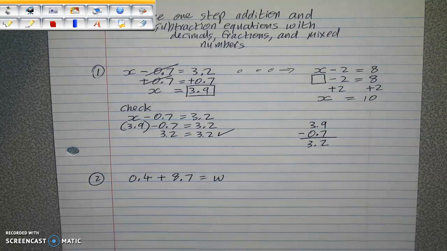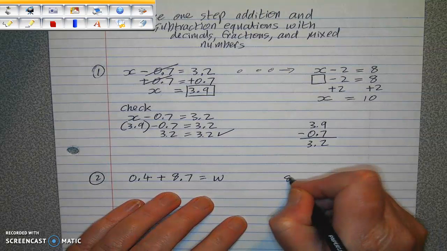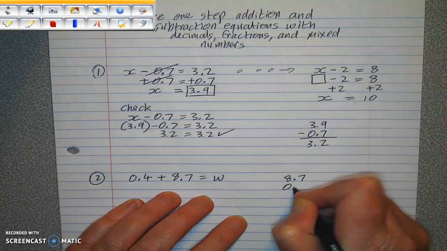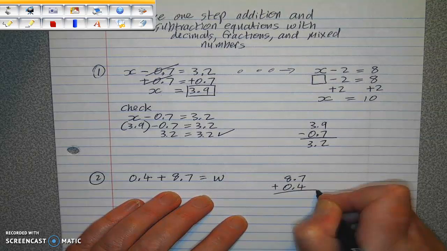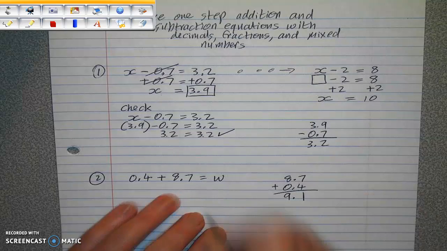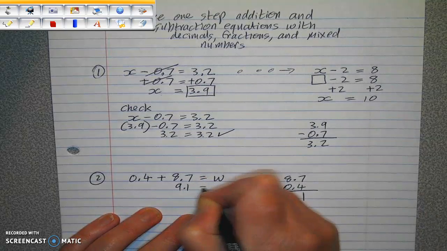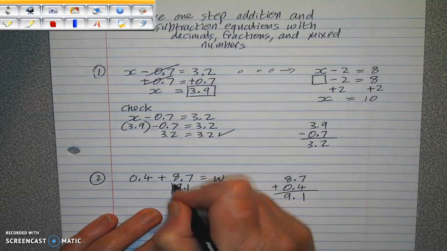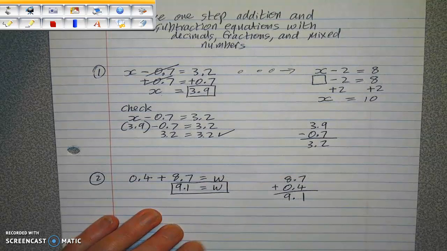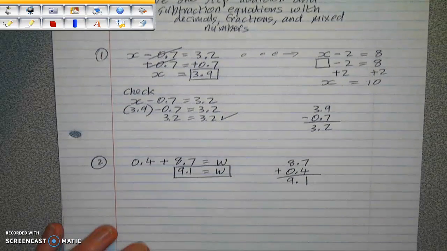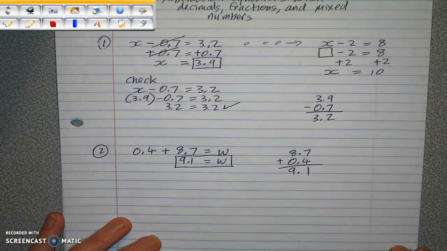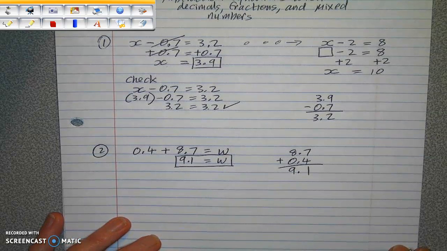We have to find the value of W, and this one is pretty straightforward because we just have to add the 4/10 and the 8 and 7/10 to get the W. So in this case, all we're doing is 8 and 7/10, we're adding the 4/10, and we get 9 and 1/10. So 9 and 1/10 is W. And that would be the answer to number 2. Here's number 3.